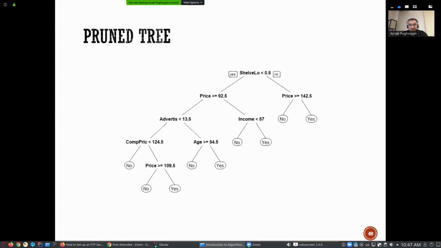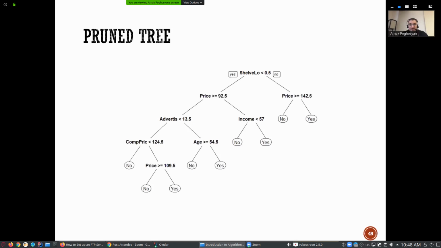Not a very small decision tree, but in any case smaller than the previous one. This is based on the program that I wrote previously in R, but we can draw the same things also for Python. The outputs are visually different.